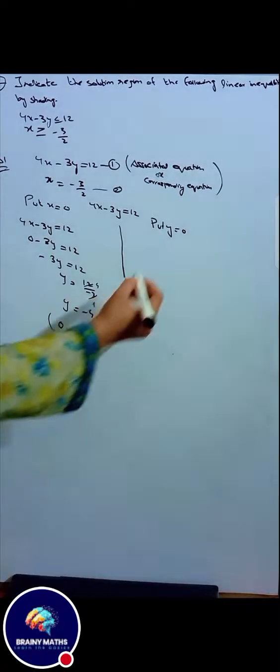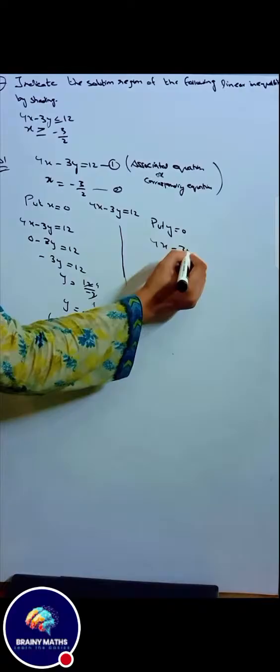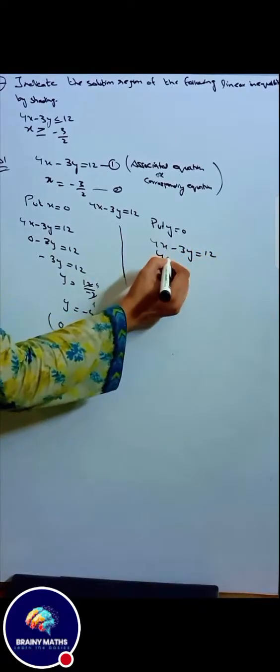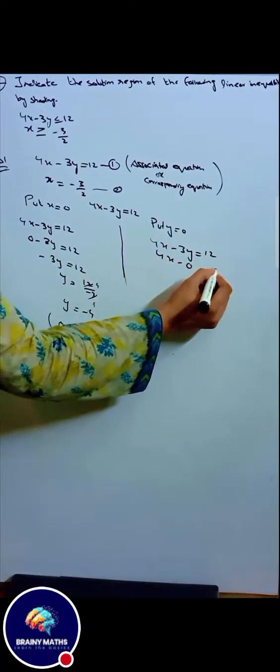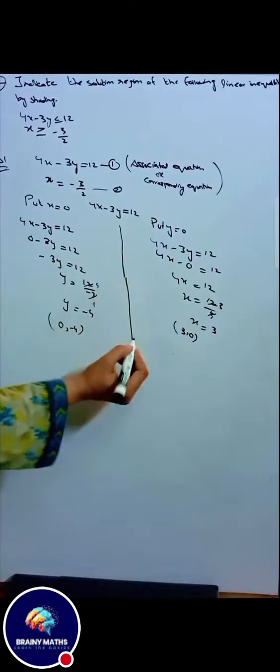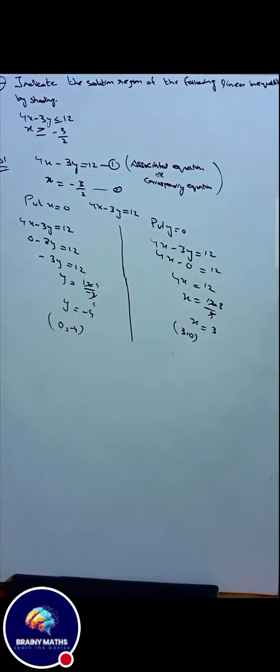Now, 4x minus 3y equals 12 becomes 4x minus 0 equals 12. So 4x equals 12 and x equals 12 by 4, which is 3. So we get x is 3, y is 0.